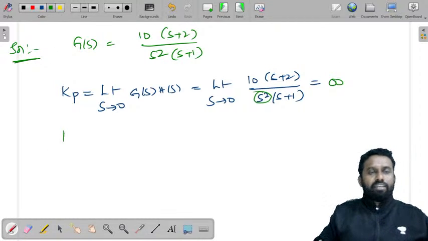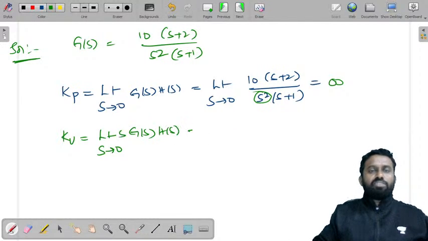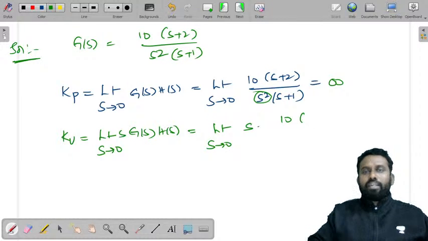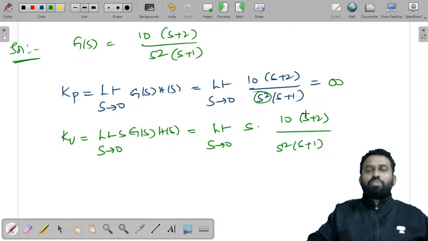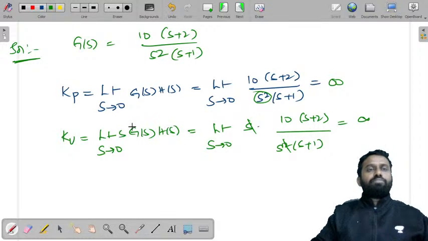Now let's write Kv. Kv is equal to limit s tends to 0, s into g of s into h of s. Everything is the same, only you get an extra s. Even if we cancel this, Kv is also equal to infinity.